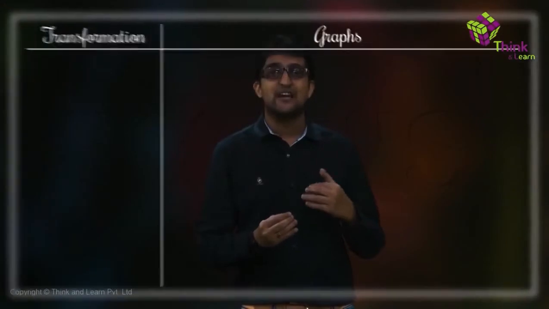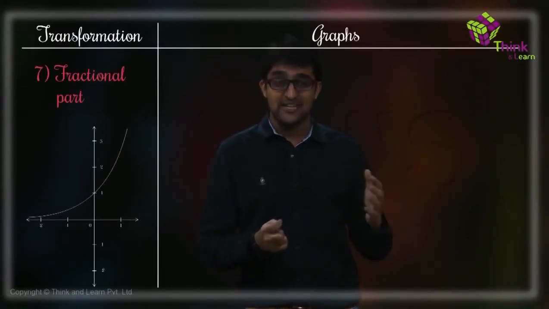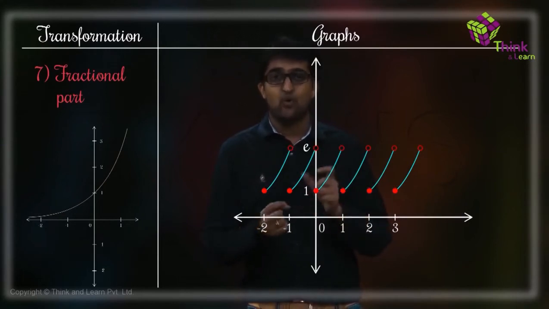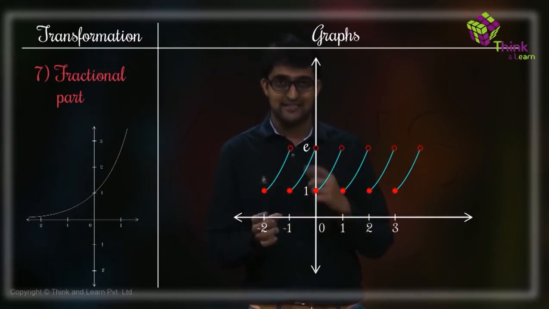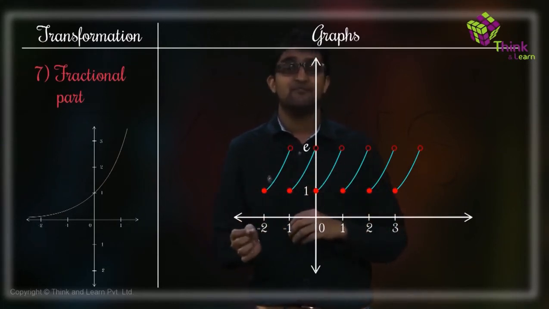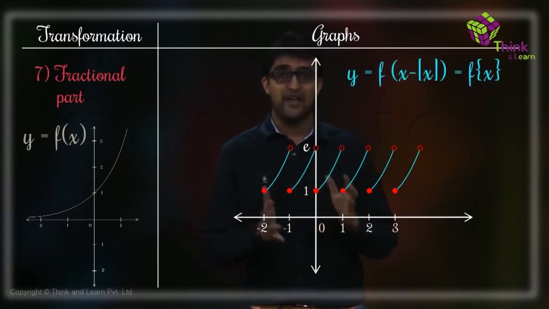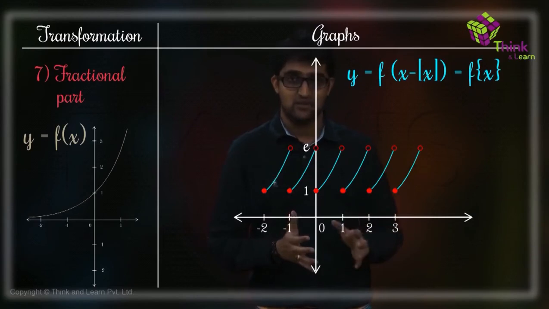And you can convert a continuous function into a periodic or repeating function, where only a part of the function is used as the repeating interval, by using the fractional part. So y is equal to f of x was converted into y is equal to f of x minus greatest integer of x. So that's all about transformation and about playing with graphs.